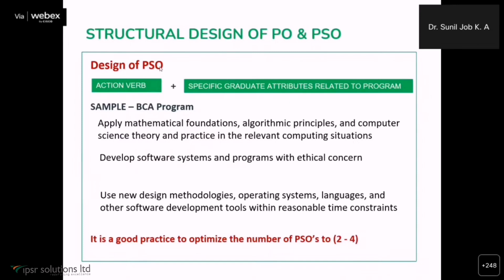If it is a BCom program, the PSOs will be related to commerce, management, accountancy, so business related domain. If it is computer science, it will be related to different software, hardware, all these things which could be integrated into that area. So that is purely domain specific.